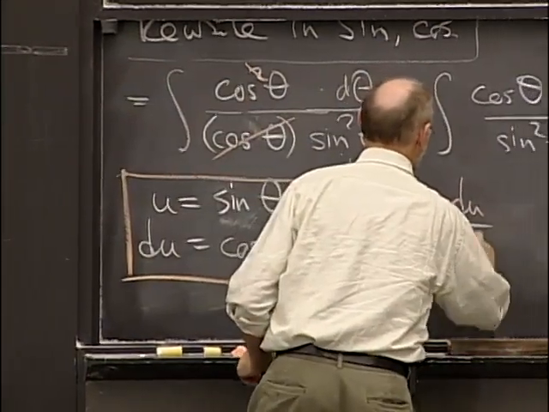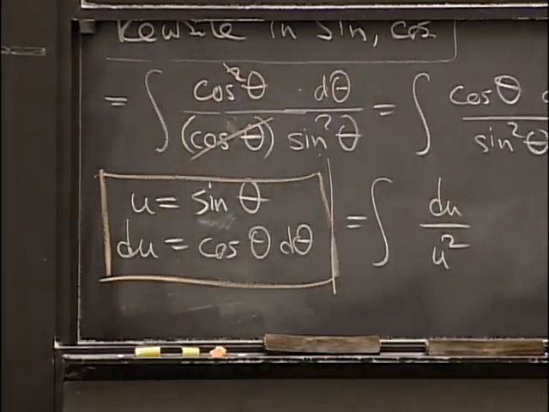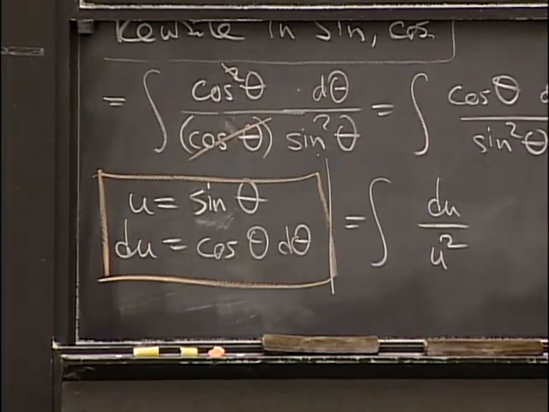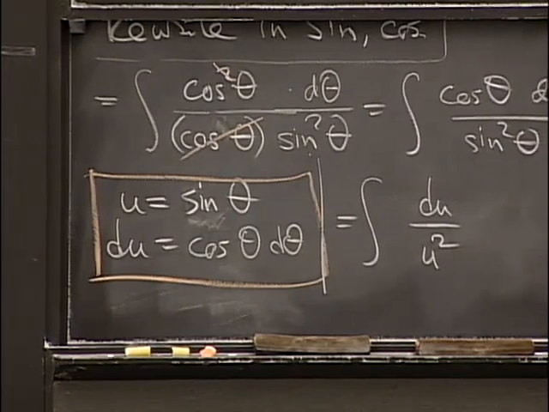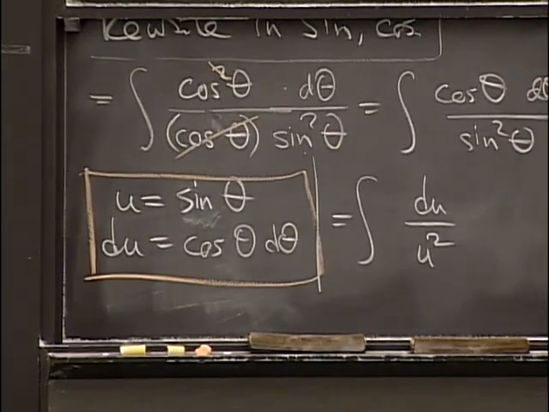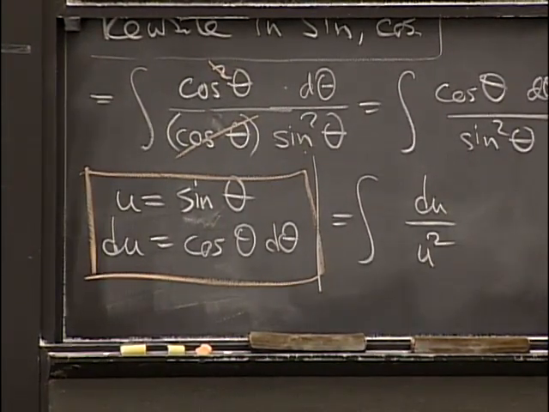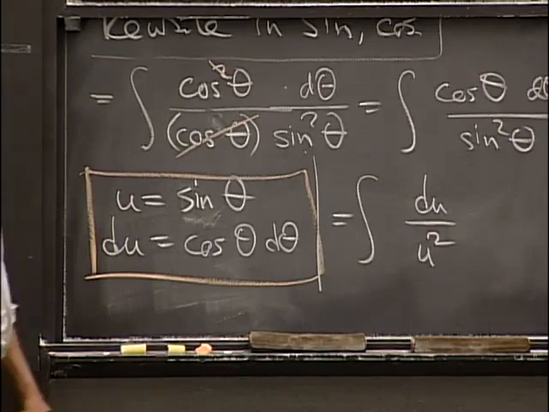The denominator is u squared. And I think we can break out the champagne because we can integrate that one, finally, get rid of the integral sign.